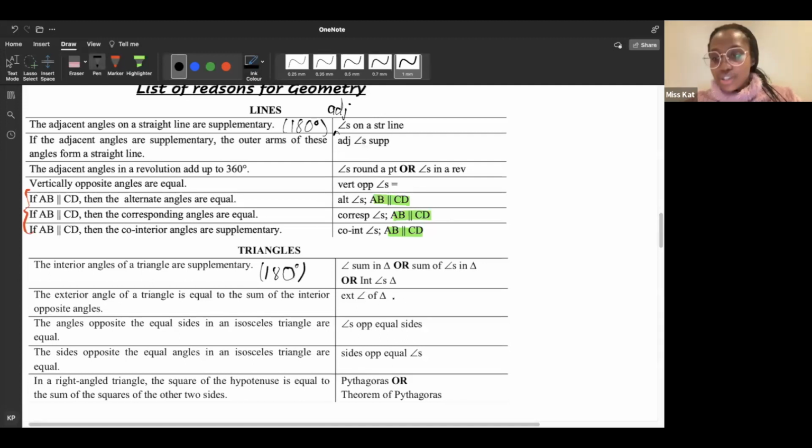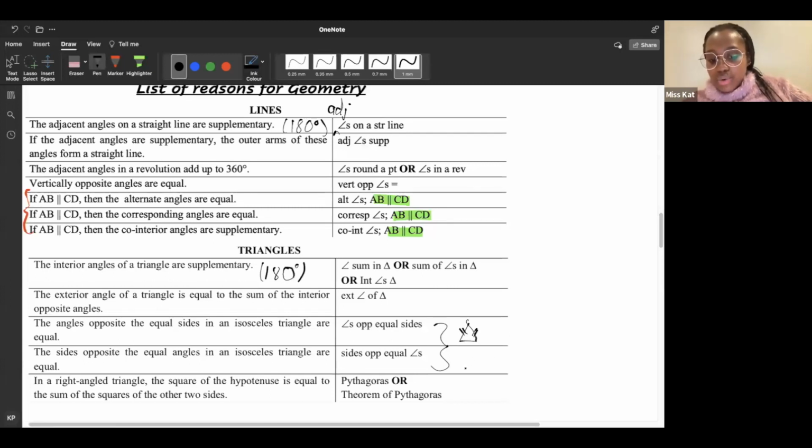And then you get the isosceles triangle, which I know you guys write incorrectly. Every time I mark a test, my learners give me a heart attack with this one. When you have an isosceles triangle, you use one of these two reasons: angles opposite equal sides, or sides opposite equal angles, depending on what you've been given. If they give you a triangle and tell you the sides are equal, then you use angles opposite equal sides.